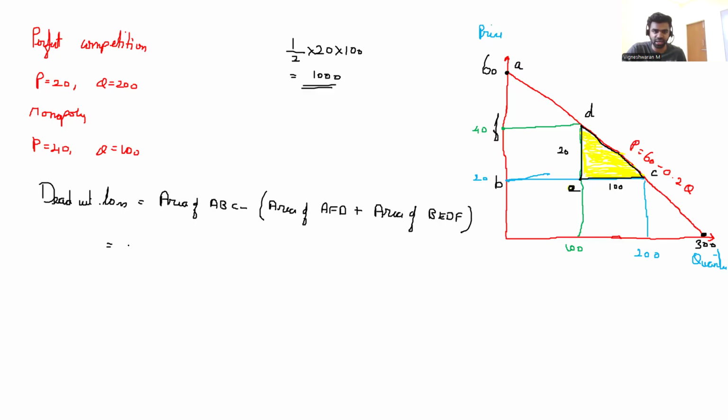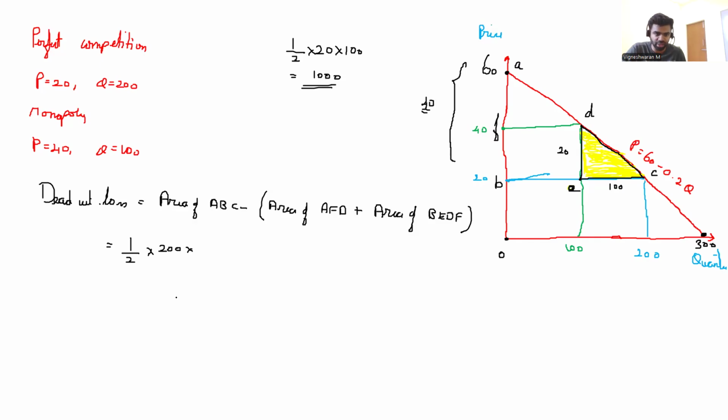ABC is a triangle, right? So 1 by 2 into base into height. The BC length is what? From here to here, it is 200. And the AB length is what? 60 minus 20, it is 40. So the whole height will be 40 units.